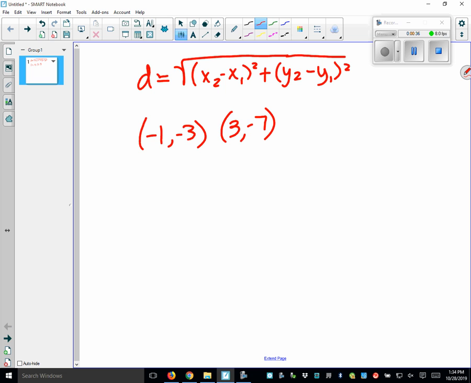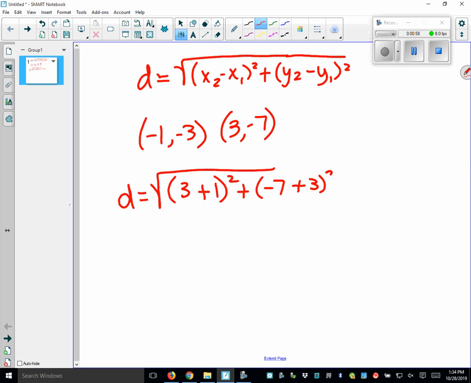So, isn't the distance equal to, what do I put first? x2 is what? 3 minus -1, is that +1? Squared, plus -7 plus 3 squared. And I believe under the radical, this is 16 plus 16.